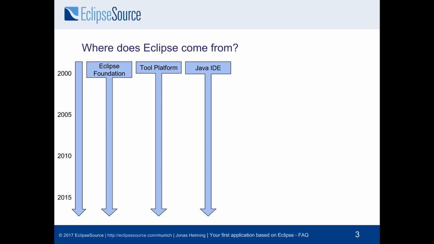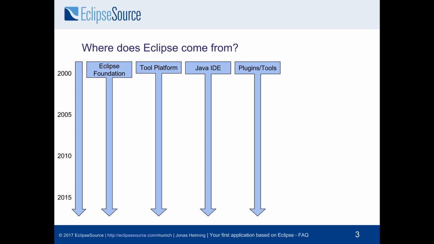So almost immediately after the tool platform has been released, people started to use it and to create plugins and tools. Difference between plugins and tools would be if you create a plugin, that's something that you add to an existing product, for example, the Java IDE. So you could, for example, add support for Checkstyle or FindBugs to the existing Java IDE, so that's a plugin.